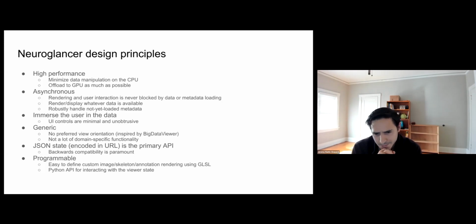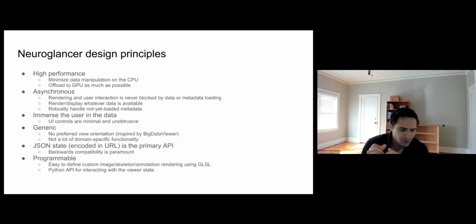So finally, as I said before, I've tried with Neuroglancer not to have it too heavily tailored to very specific use cases or proofreading tasks, but instead to make it really programmable. One of the early forms of this was to allow users to customize the rendering of images, and later skeletons and annotations, by using little snippets of the OpenGL shader language.